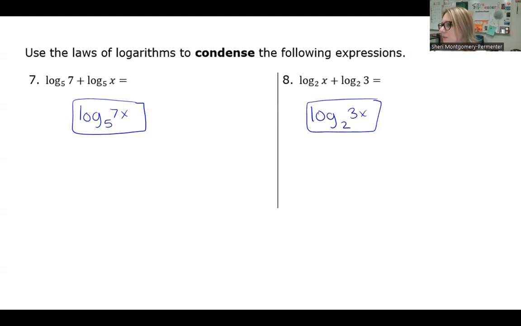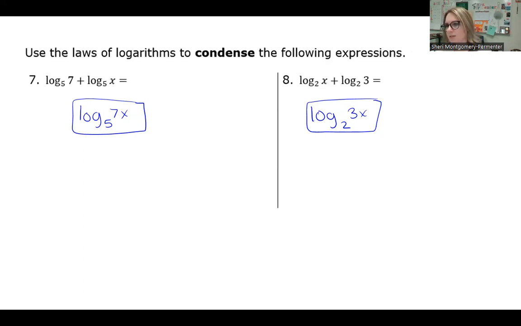Well, 3 times X is the same thing as X times 3, right? You can multiply in any order you want to. I switched them just because we don't usually write the number second. We're just multiplying.